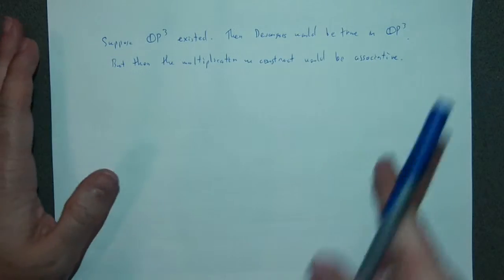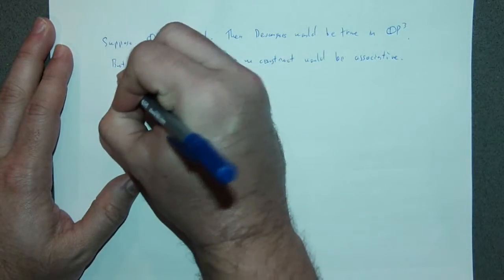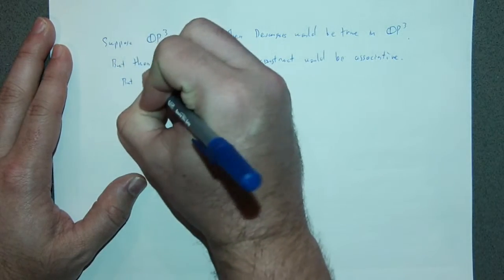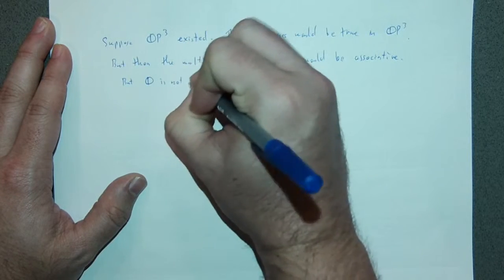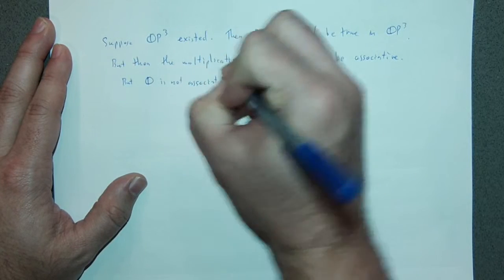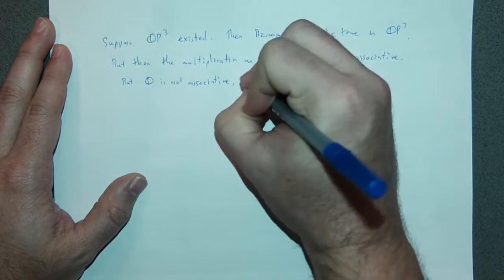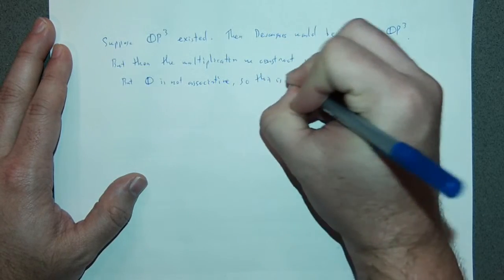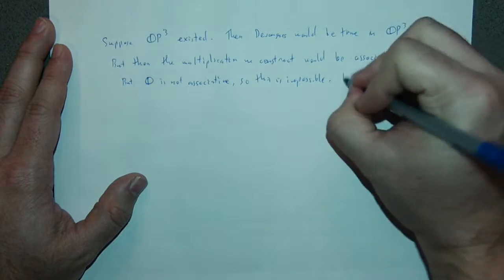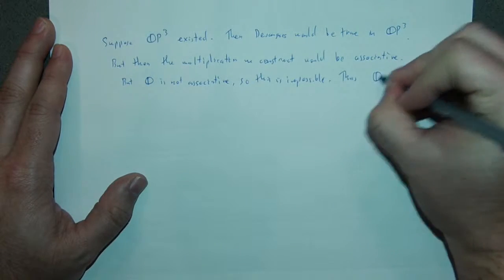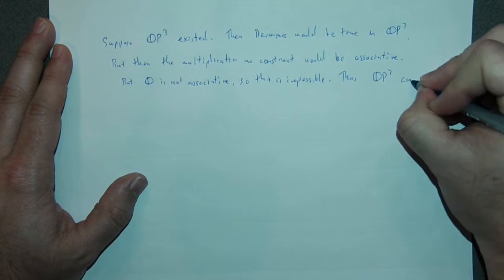Why is that a problem? But O is not associative, right? The underlying space is not associative. So this is impossible. Thus, OP3 cannot exist.